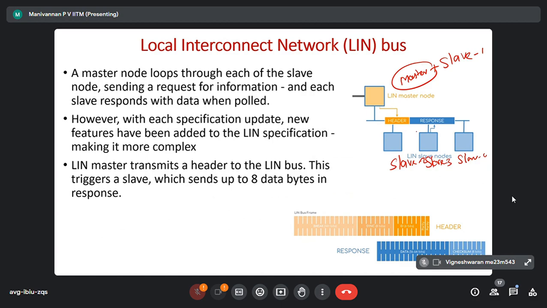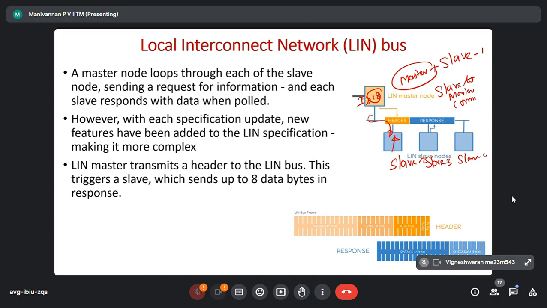Okay. Two types are there. One is called slave to master communication. That means the master, as I told you, wants data ID 18. He asks this fellow whether you have 18. This fellow has 18, he responds. Correct?